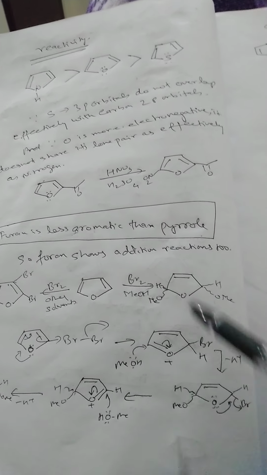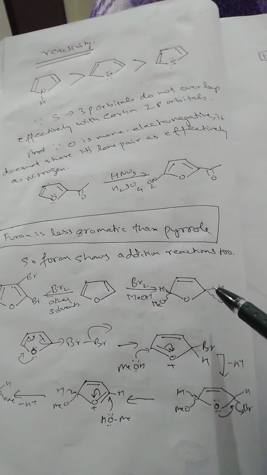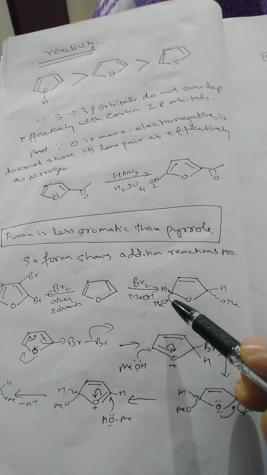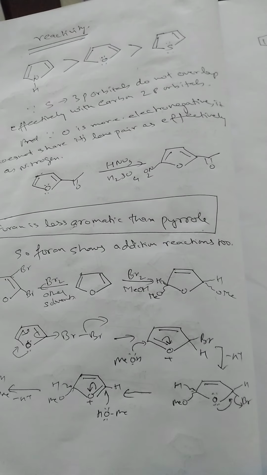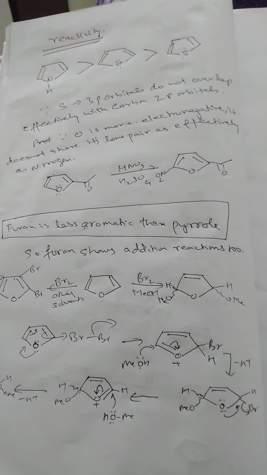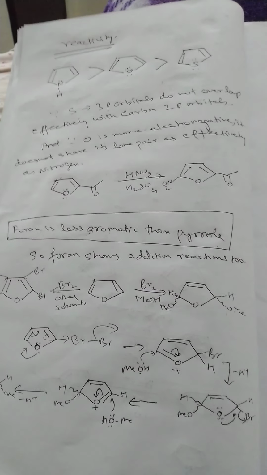You are adding 2 groups. It's not that you have replaced hydrogen with OMe. Hydrogen is still there and you have added OMe. So it is undergoing addition reaction, because remember this again, furan is the least aromatic among all the heterocyclic compounds.